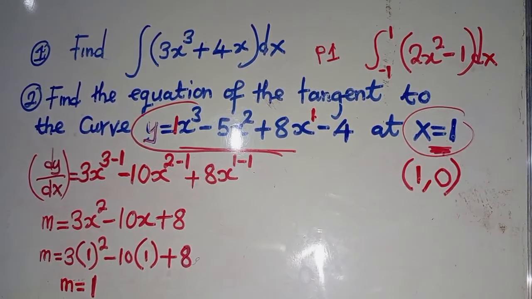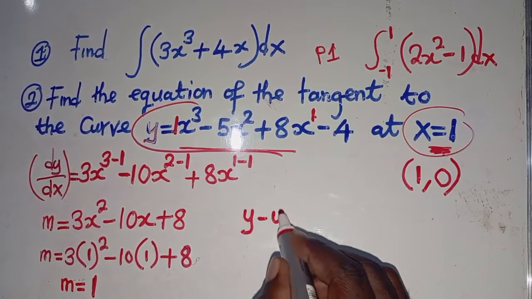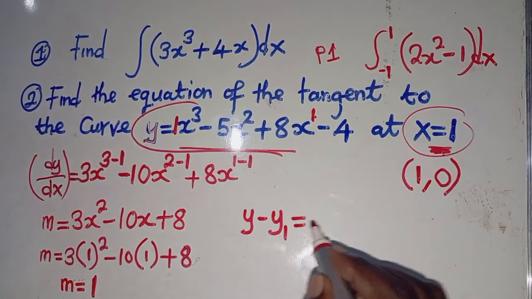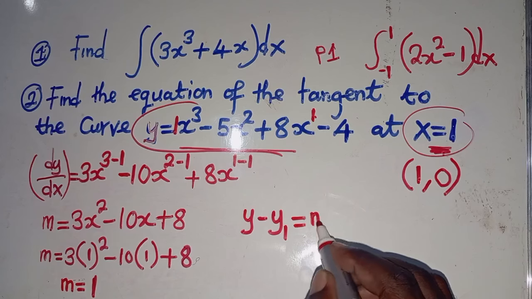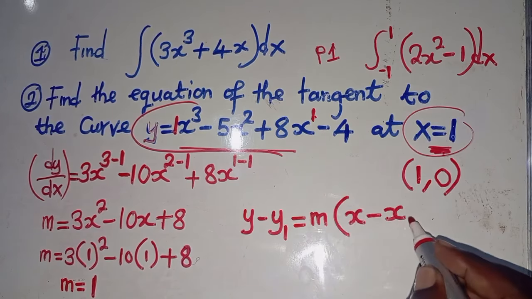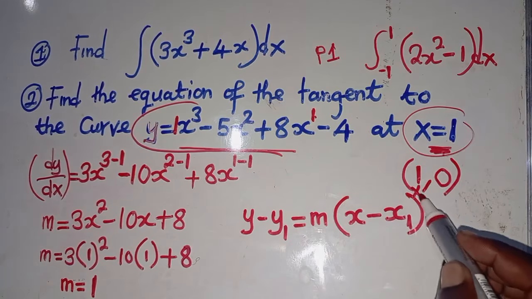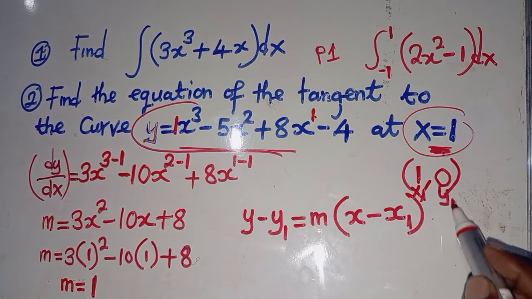Now I can go and use the general equation of a straight line, which is like this: y minus y1 is equal to m, the gradient, open bracket, x minus x1. This is a particular formula that you need to use. This one is x1. This one is y1.